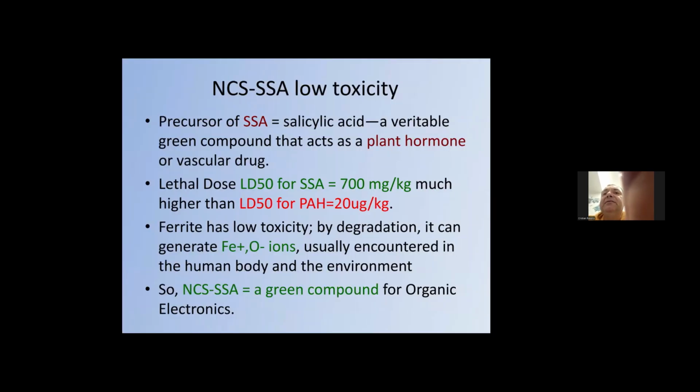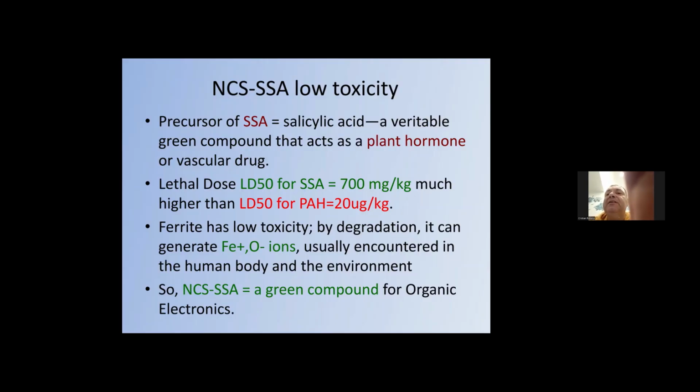Is this material, a nanocore shell of magnetite having an external shell of sulfosalicylic acid, a low toxicity material? For the SSA, the sulfosalicylic part of this molecule, we can observe that it is a veritable green compound that is encountered in nature.